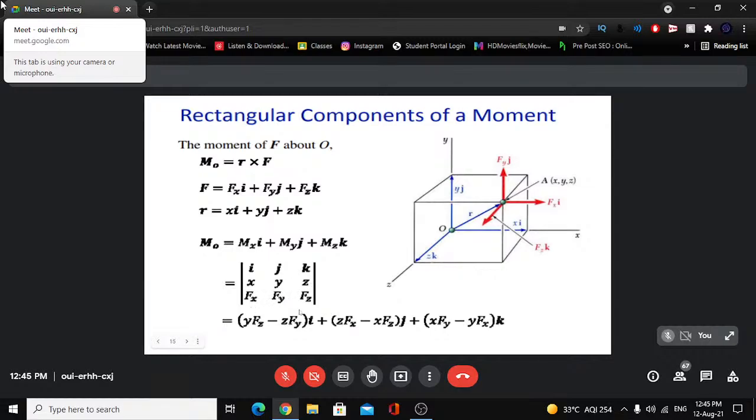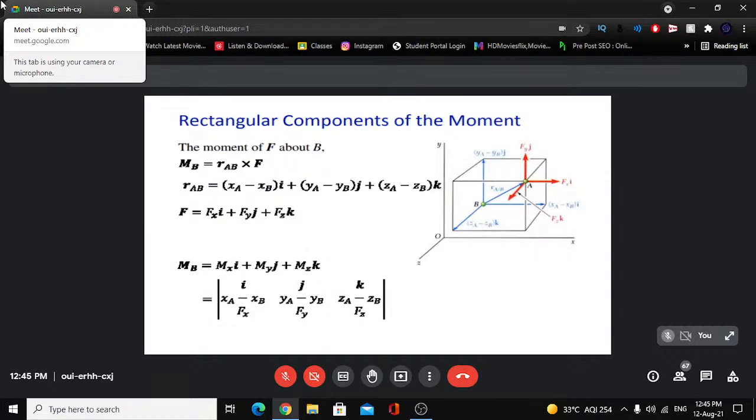Then similarly Fx, Fy, Fz in the third row, and we get the moments from this. The determinant of this relation gives us the moment components. So Mx will be y Fz minus z Fy, My will be z Fx minus x Fz, and Mz will be x Fy minus y Fx. These are the Mx, My, and Mz components for this situation.